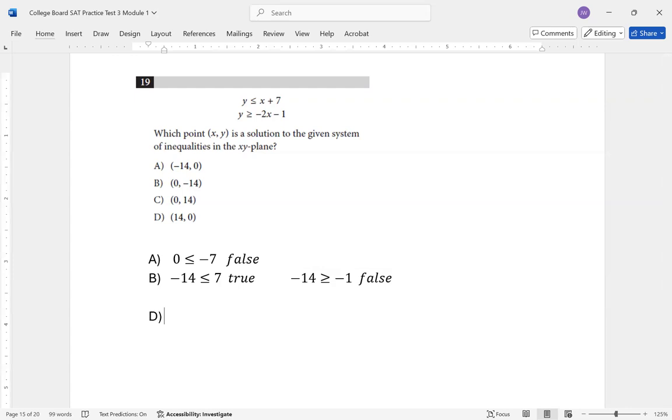But just for the sake of completeness, let's plug in 14, 0 into both inequalities. If I plug in 14, 0 into the first inequality, I get 0 less than or equal to 14 plus 7, which is 21. That's true.